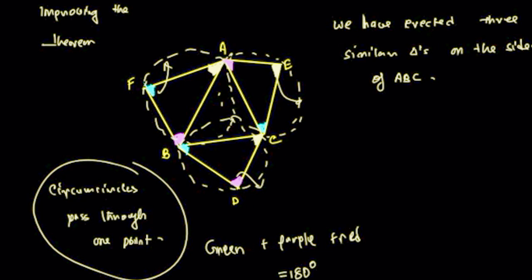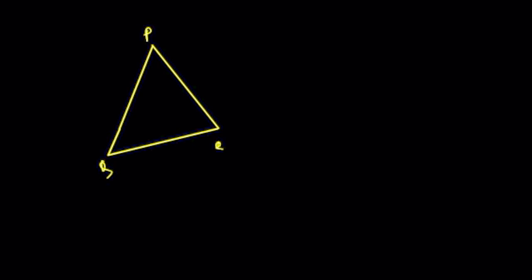There is another one which is quite interesting. Let's take a triangle ABC. And suppose we take the points PQR, or rather we can start with PQR. Let's take PQR like this. Now let's take the vertices ABC of the triangle ABC to lie on the sides.